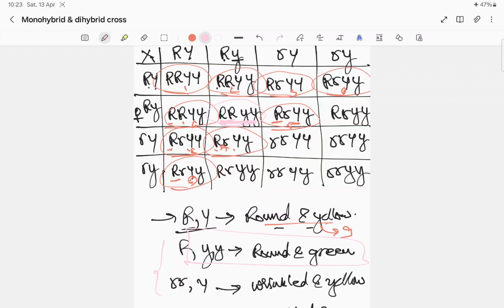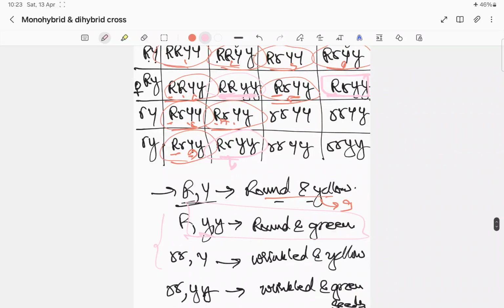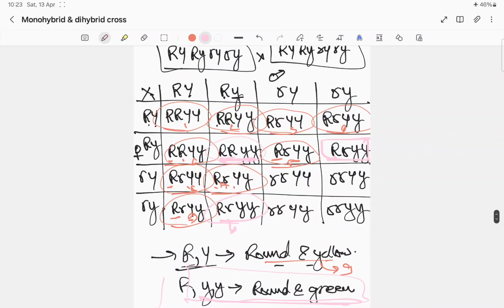Here we have one capital R capital Y, and again here capital R small y. Here also we have one capital R small y, and again here you can observe one capital R and small y. So this will be round and green.